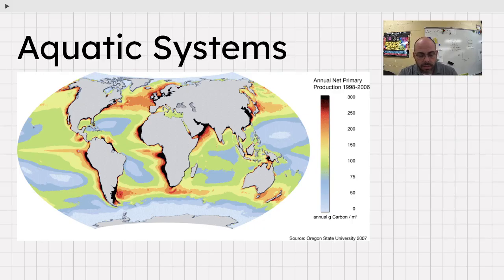You can see here these different areas have higher or lower primary productivity. Some of it has to do with the type of light. Red light is absorbed in the first meter of water, and red light is highly absorbed during photosynthesis, and so certain types of organisms are going to live in that first meter, whereas blue light, which is on the other end of the spectrum, goes a lot deeper into the water, and certain other kinds of organisms can use that light.